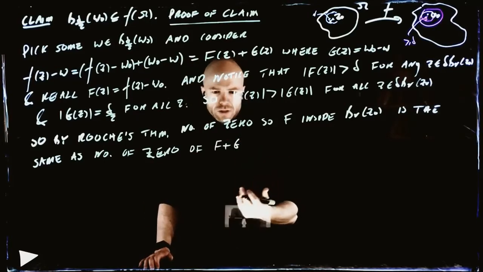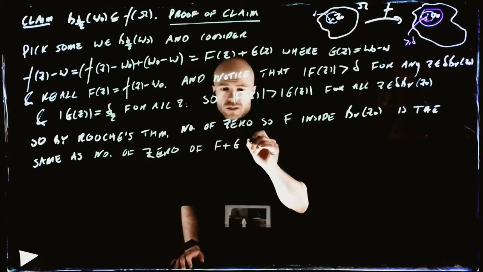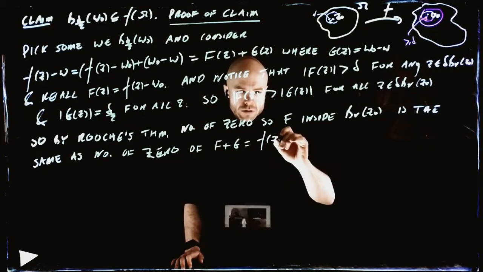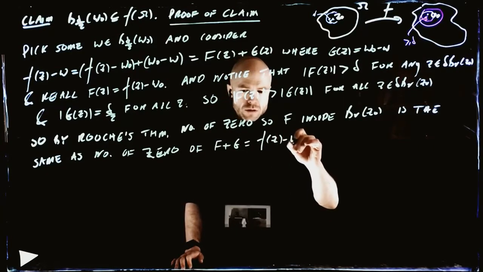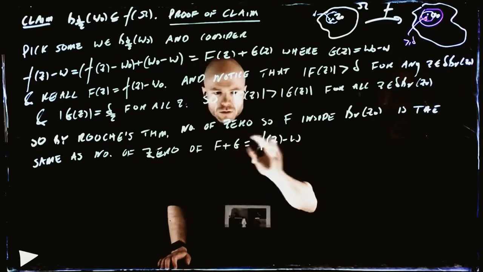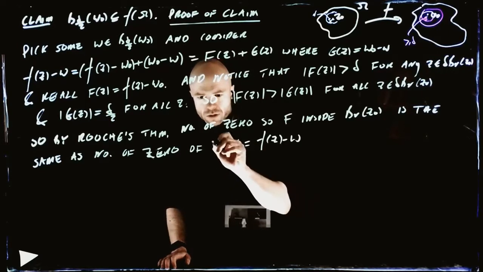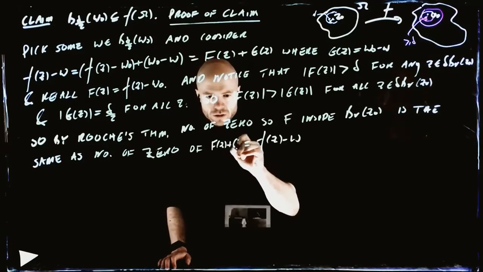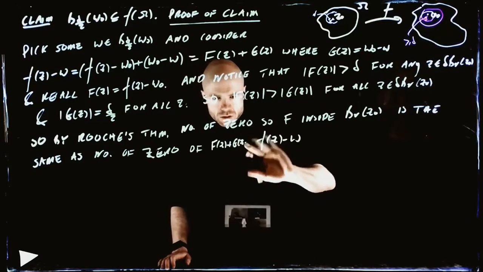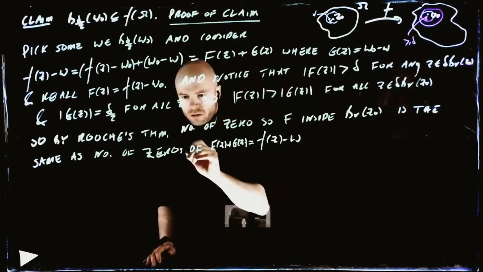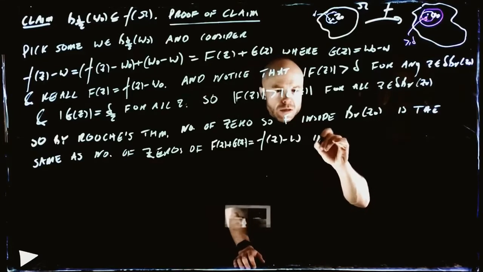It's exactly Rouché's theorem. And capital F plus G is exactly this function, f of z minus w. Let's put the z's in because it looks strange without the z. Yeah? Inside.